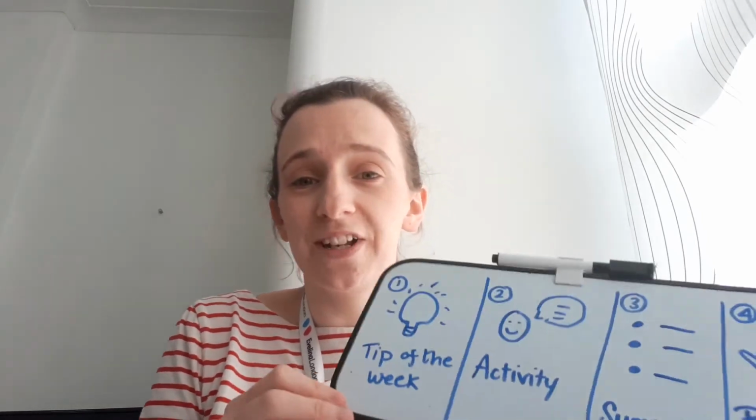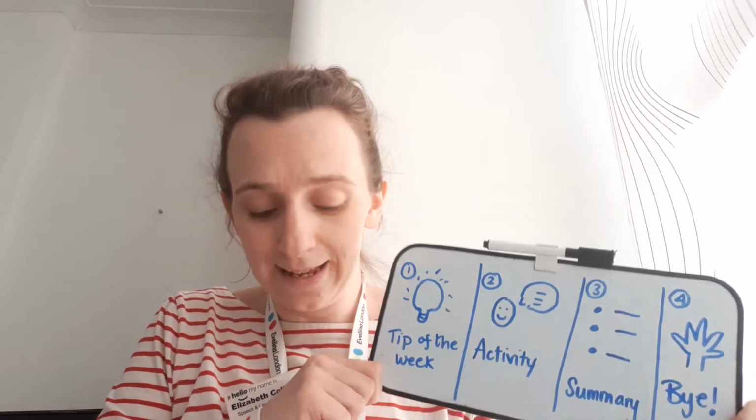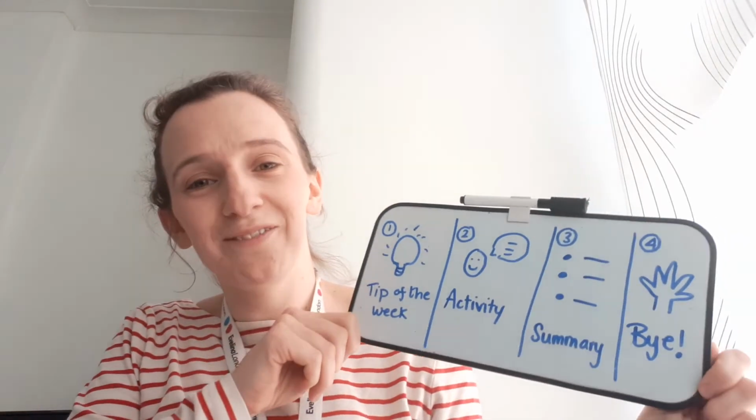So listen along with me today if you like, and then you could maybe try out something similar at home, or in school if you're a teacher or TA watching today, with your own selection of objects and with your child or a group of children that you work with. After we've finished the activity, I'll do a bit of a recap or a summary of what we've been talking about today, and then we'll be finished and we'll say goodbye.